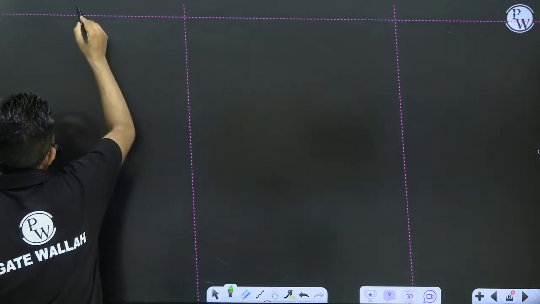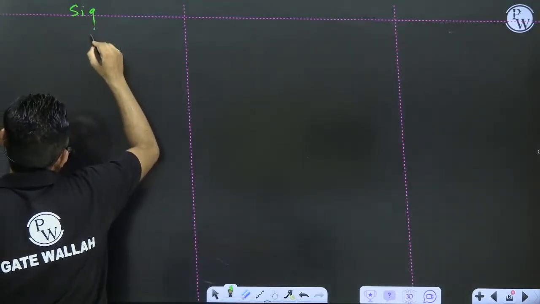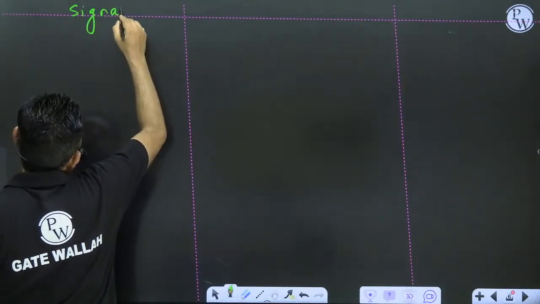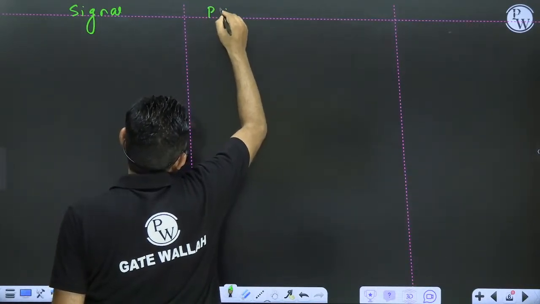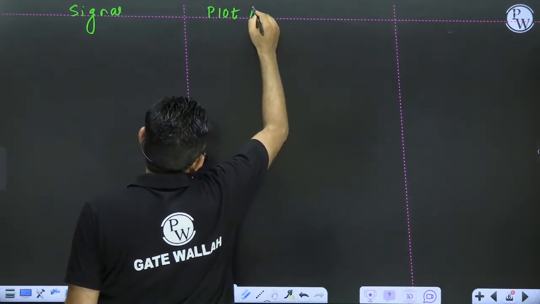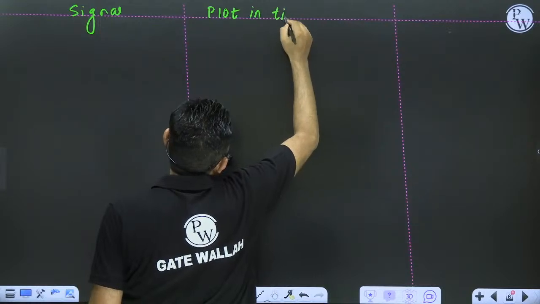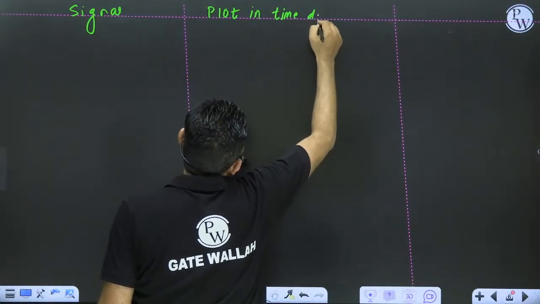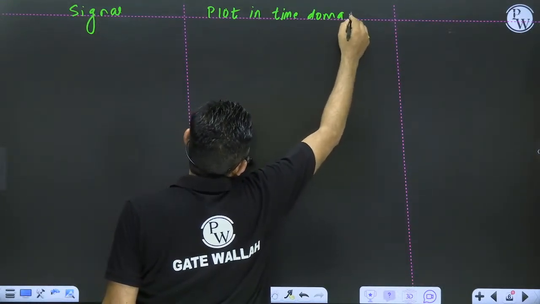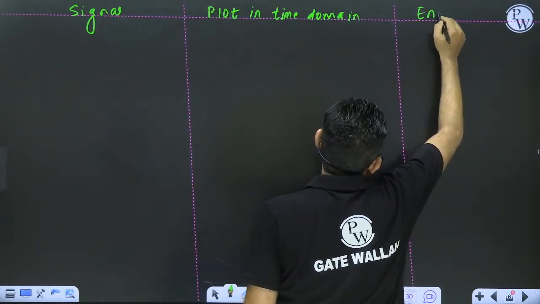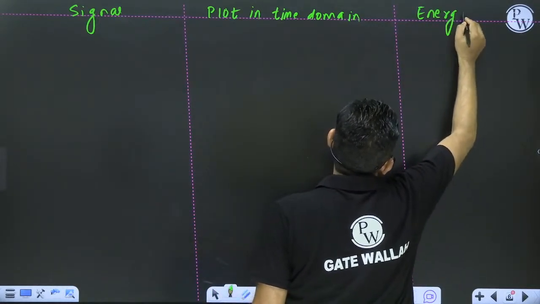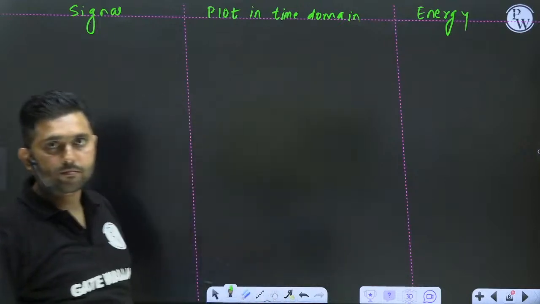So I have a signal, I have a plot in time domain, and I have an energy. Let's do it.